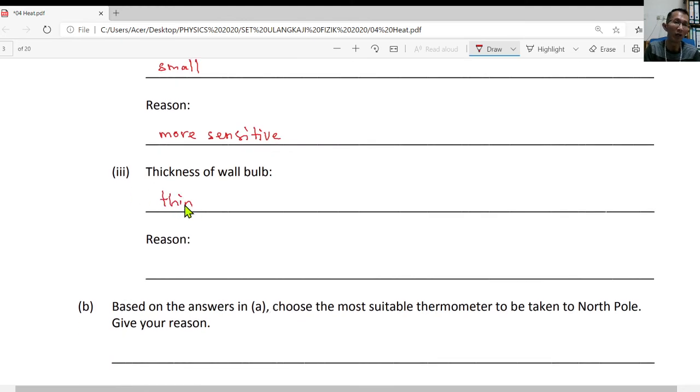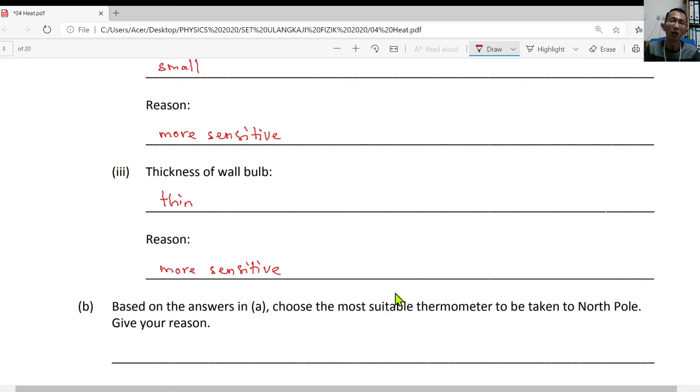Why do I choose thin wall? Again, it would be more sensitive. It will be able to detect small change in the temperature, or easier to achieve thermal equilibrium.